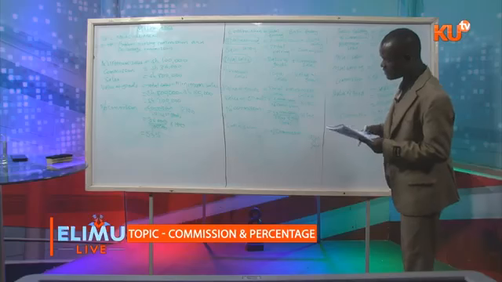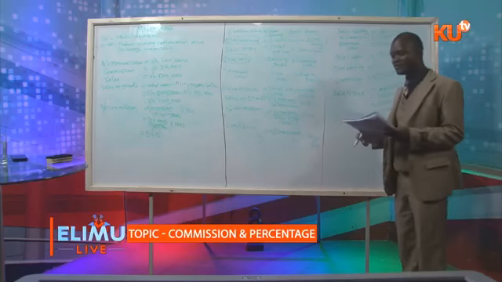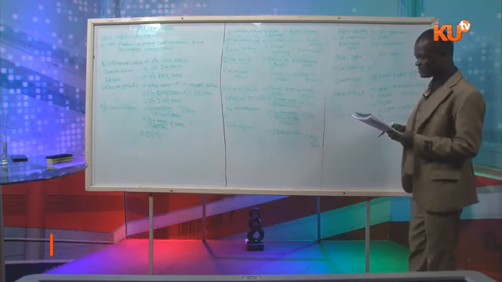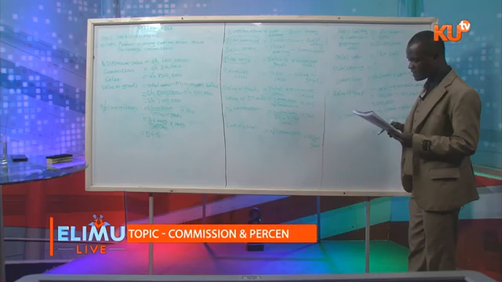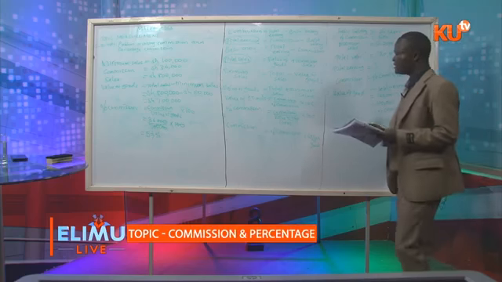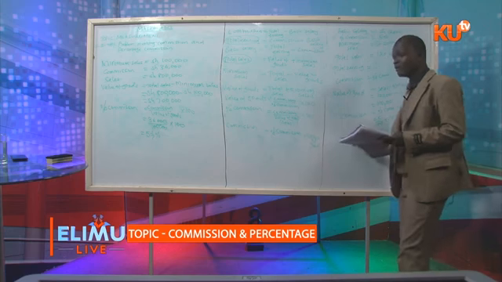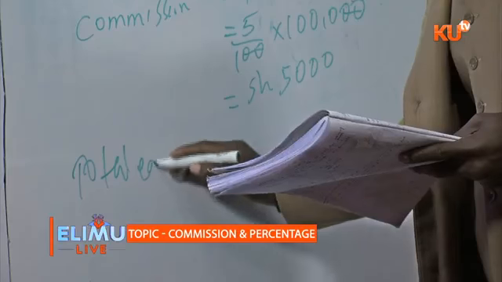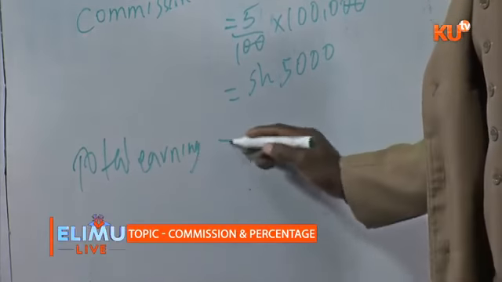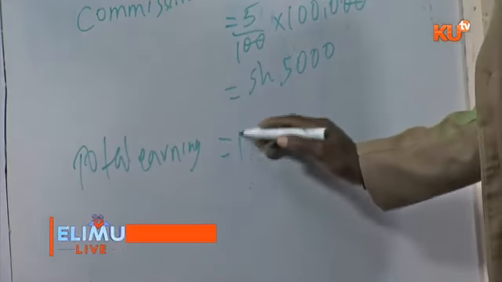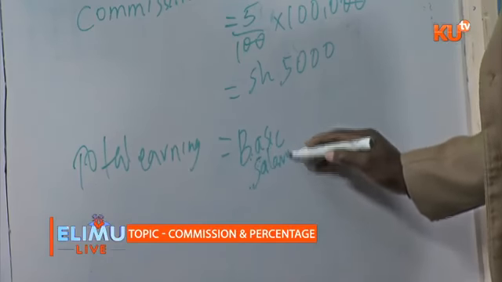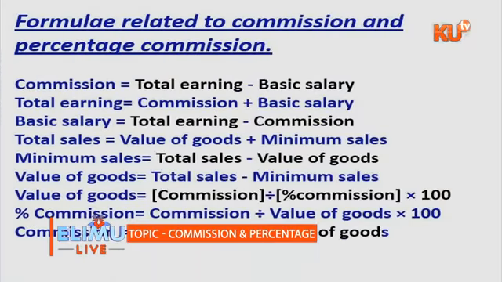After getting the commission, it is very easy for us to get the total earnings, because the question is asking how much money she earned in total. Total earnings is equivalent to basic salary plus the commission.